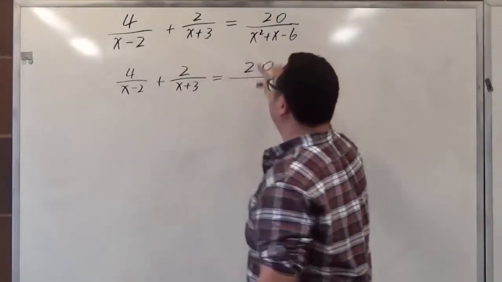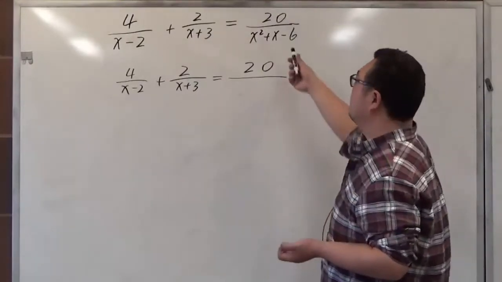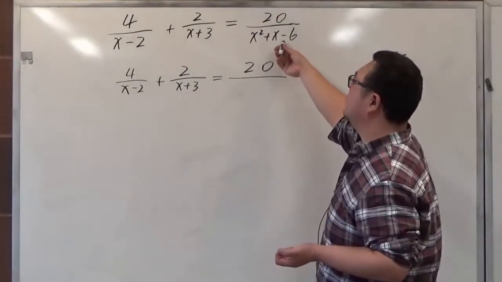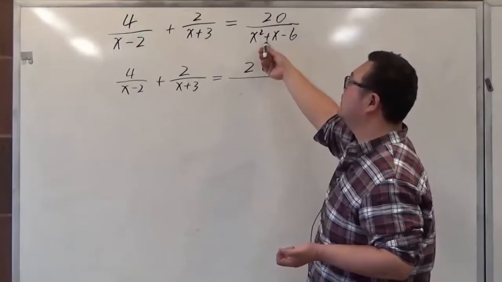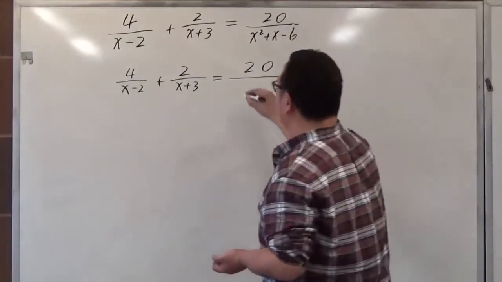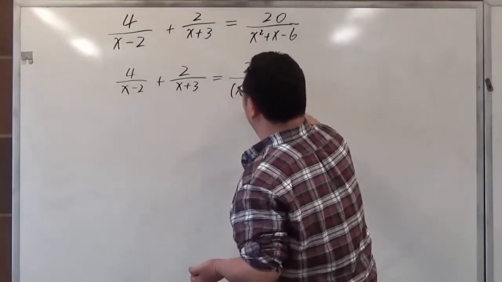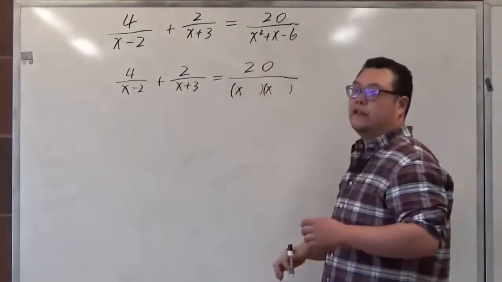Basically, this quadratic term here, we are able to factor. We have negative 6, and positive 1 as the coefficient of x. So we are looking for two linear terms with x and x in front, because we only have x squared.